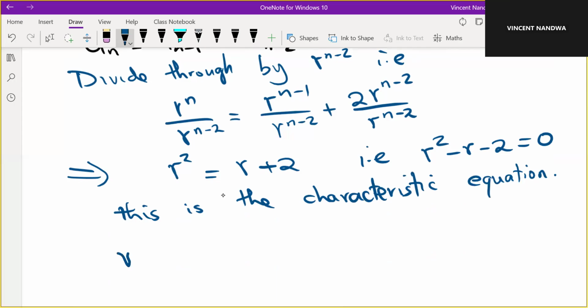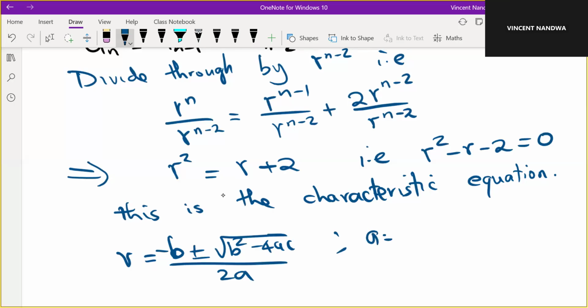So now let's solve this one. By quadratic formula, r will be minus b plus or minus the square root of b squared minus 4ac, divided by 2a, where a is 1, b is minus 1, c is minus 2.